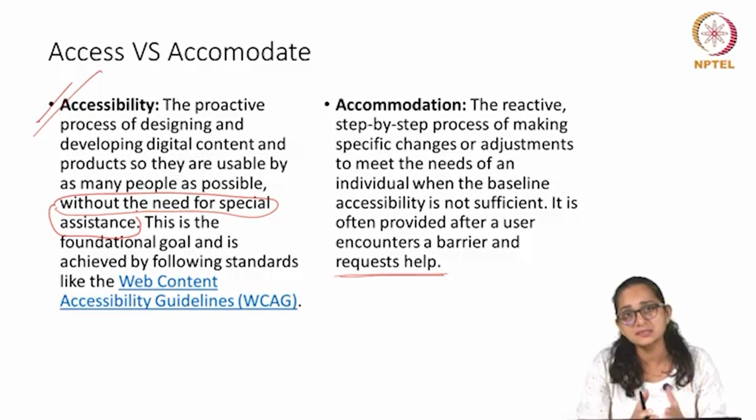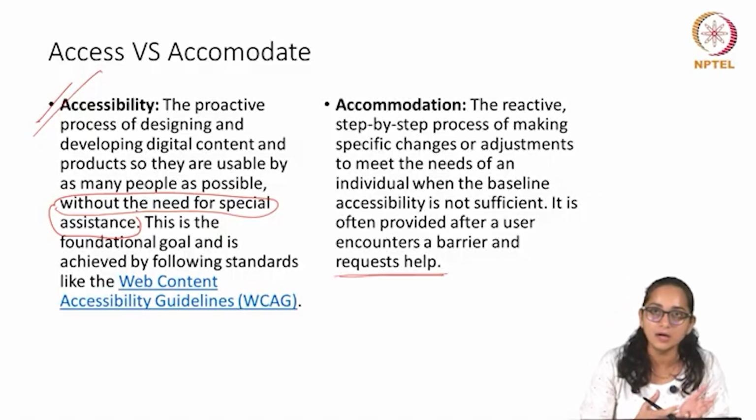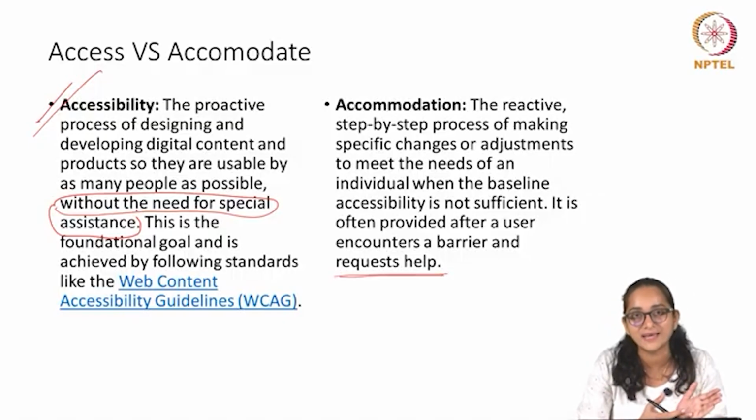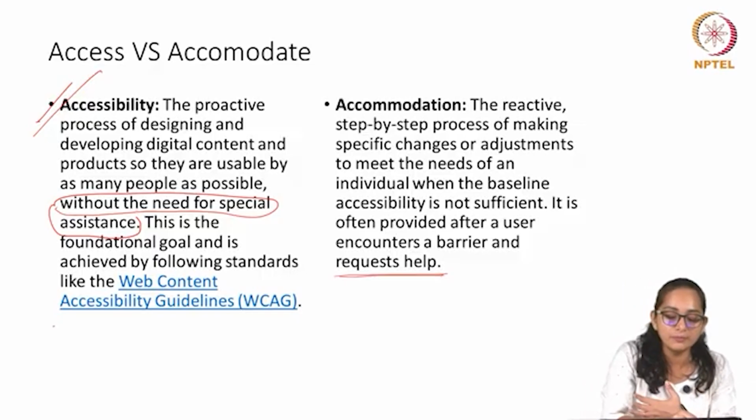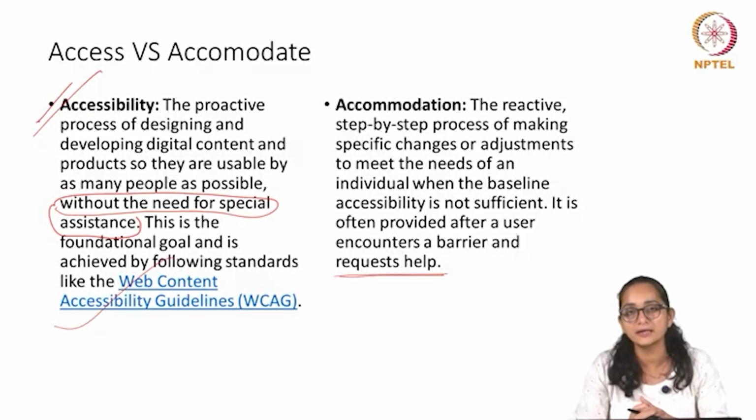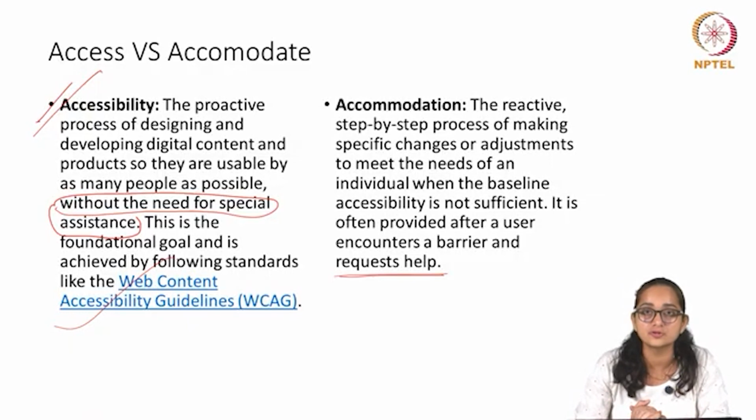The processes and techniques would be similar to how you would make the system accessible in the first place. So in order to even provide accommodations, you can go back to your WCAG guidelines and check what the techniques are to make a PDF accessible with bigger fields, all of those things.